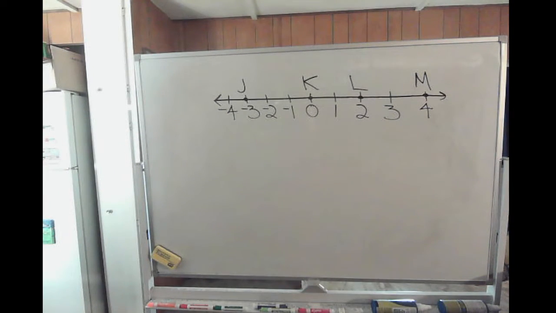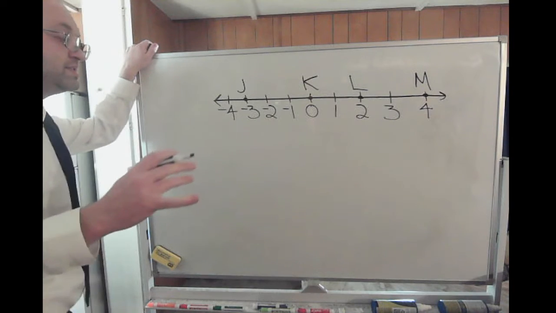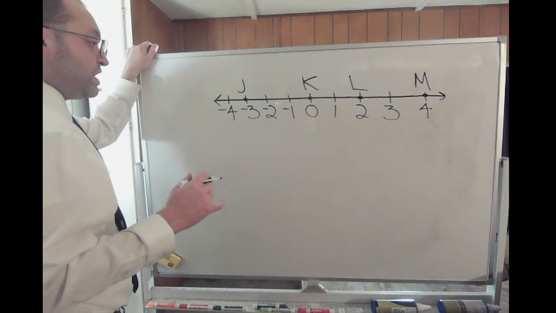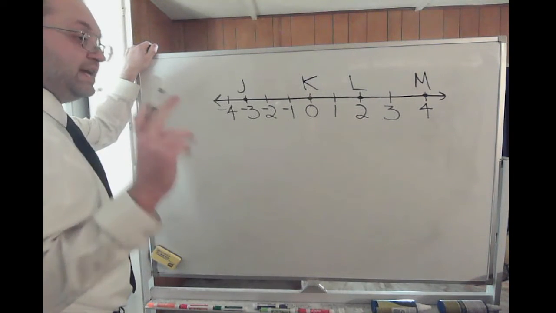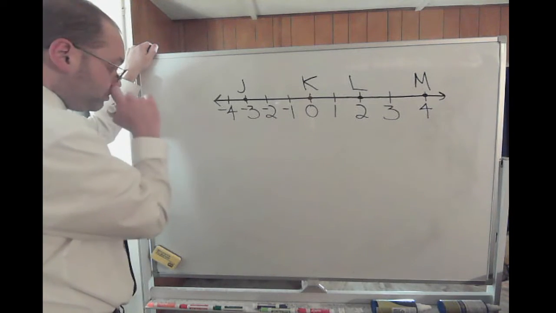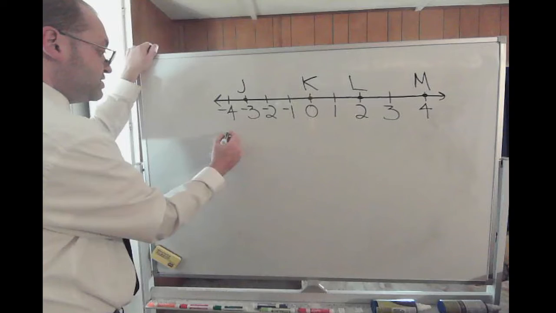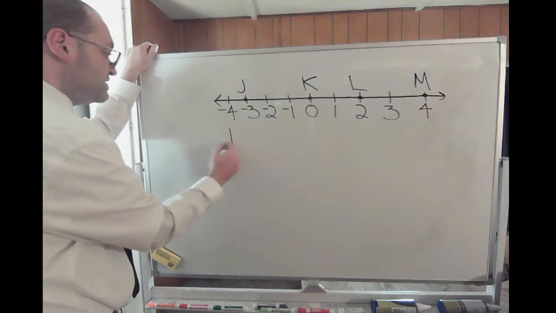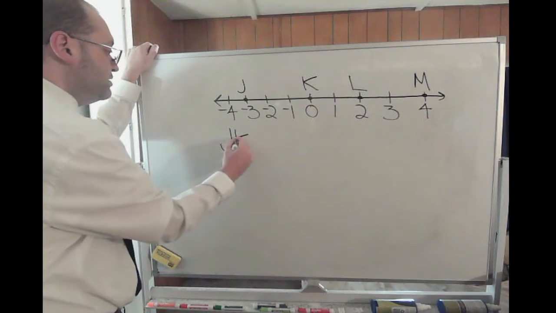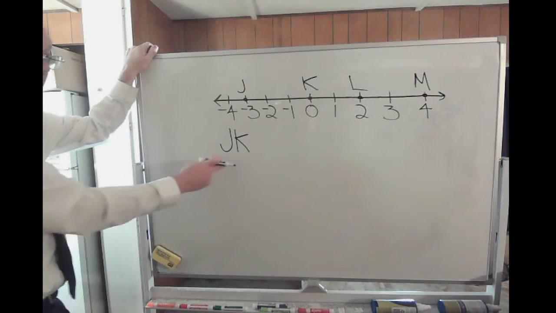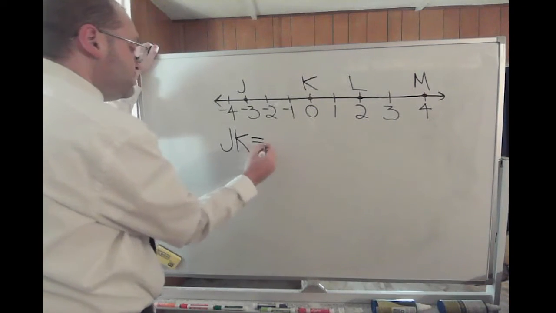Well, you can actually find the length itself. You can find the length of segments. This is going to be a little bit different, because when you're finding the length of a segment, you don't put the bar above it. You just simply put the two letters, JK. Alright?